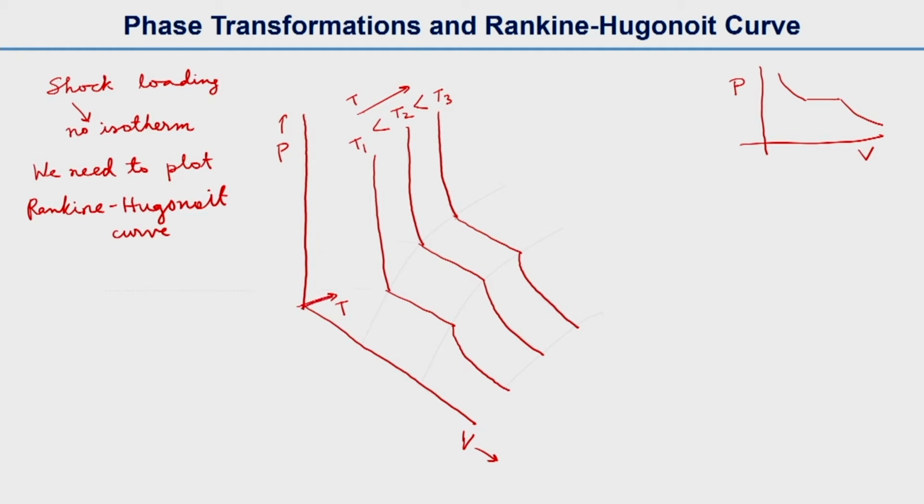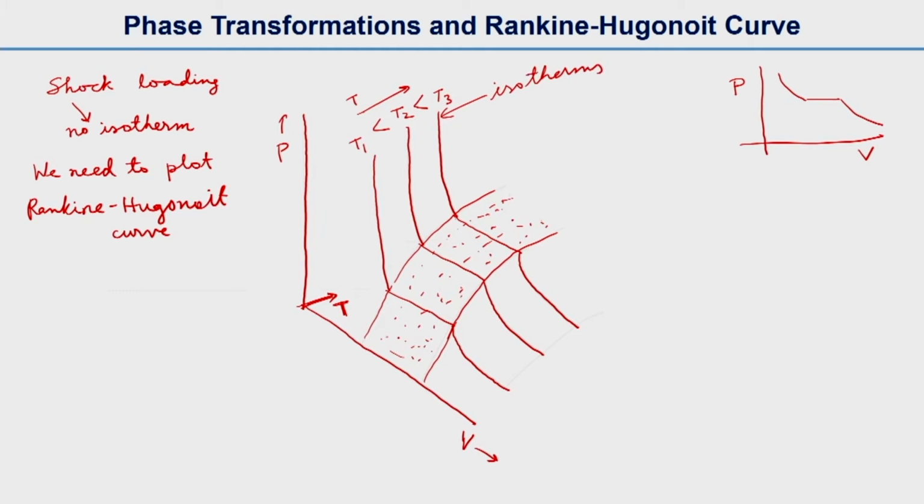You can see, as I have already shown, the T axis is in this direction, and this is our two-phase region, where the two phases coexist. So these are all isotherms.